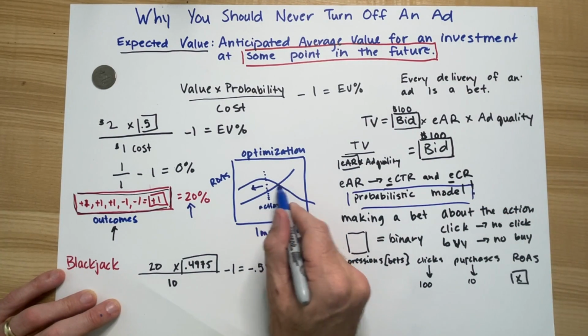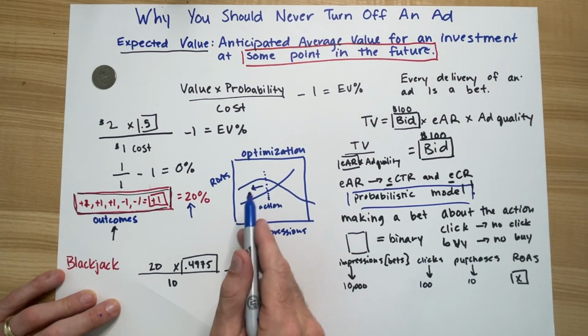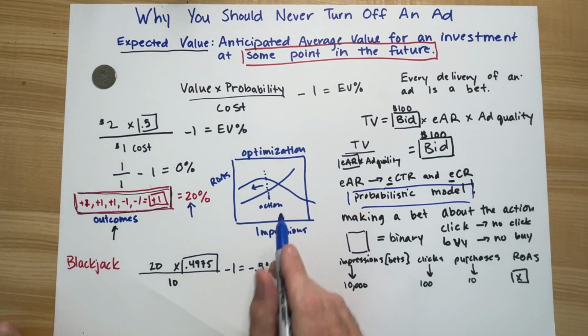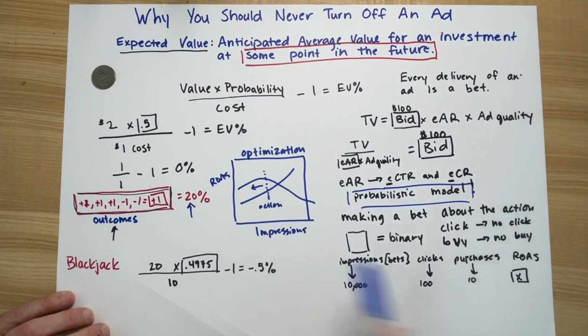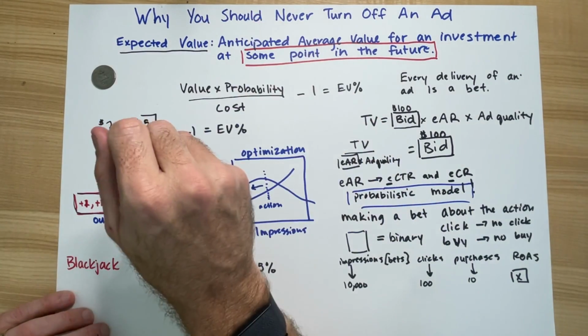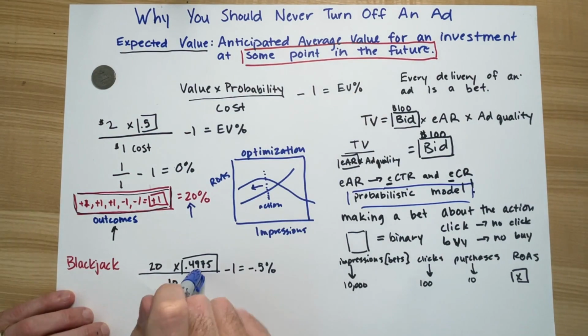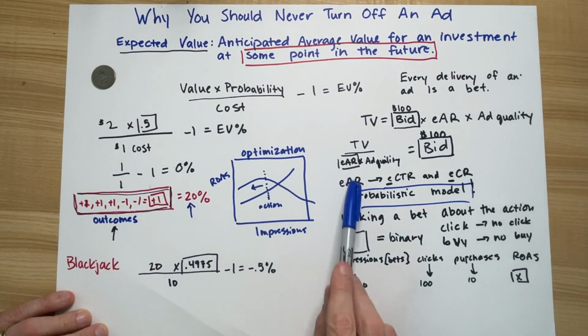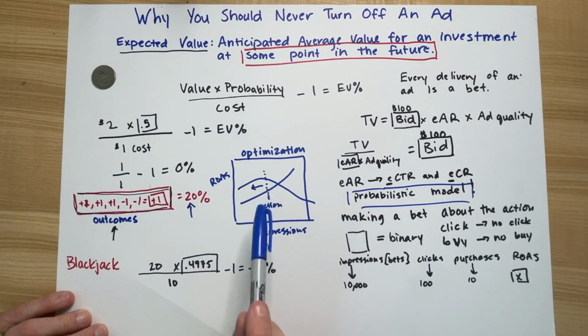And so these future outcomes, which can be disassociated from the past, especially when you're in the middle of the optimization, are what you want Facebook to make the delivery decision on, not you making the decision on the basis of outcomes. You want to have a probabilistic model in the same way that this would tell you to keep flipping the coin or to stop making the blackjack bet, whatever it might do. This is how these estimated action rates help you to make better decisions.